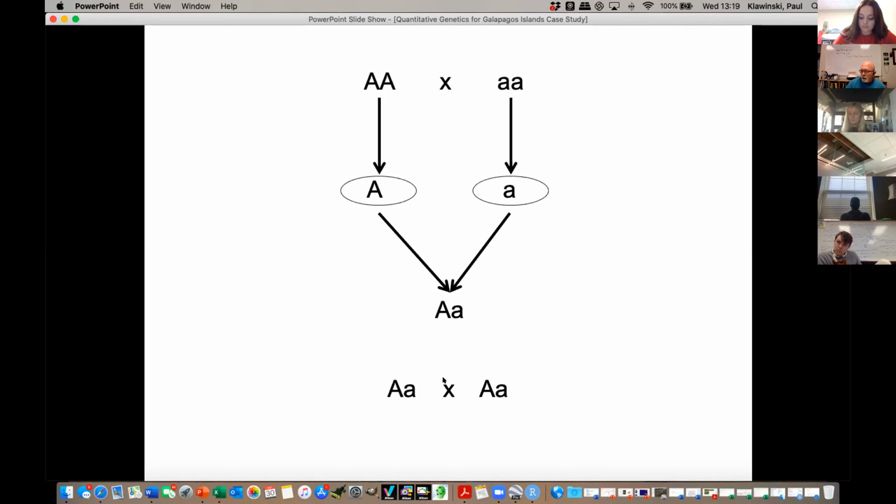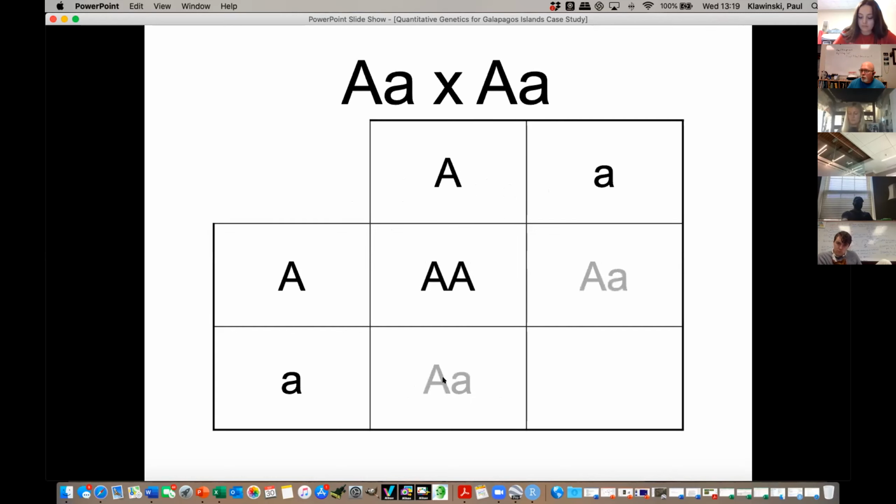Now, if we go to the F2 generation, which is this generation, once again, we have 4 different kinds of offspring. 1/4 of them are homozygous dominant, 2/4 of them are heterozygous, 1/4 is homozygous recessive.